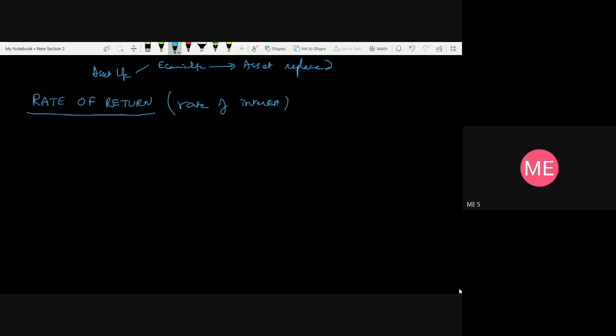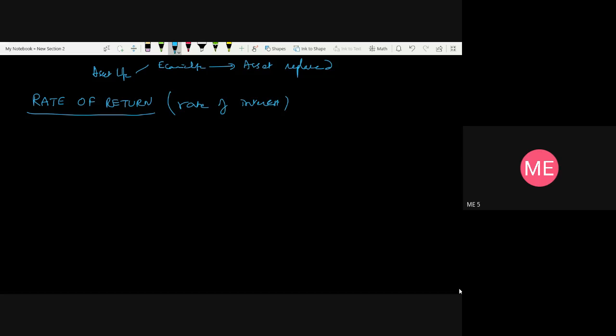It is represented in the form of a percentage, say for example, I equal to 5%, 10%, 12%, the relative yield on the different uses of capital. In other words, the rate of return is the rate at which the investment made gives returns to the investors.